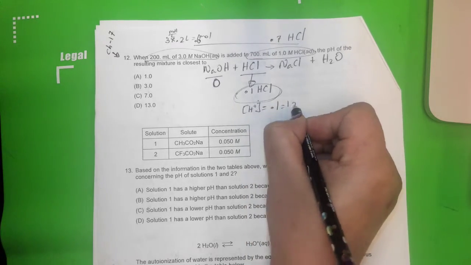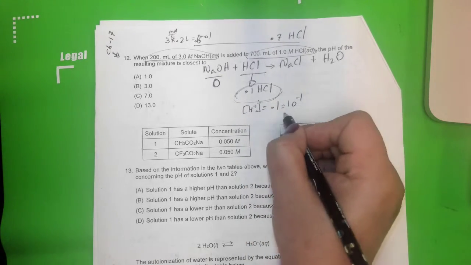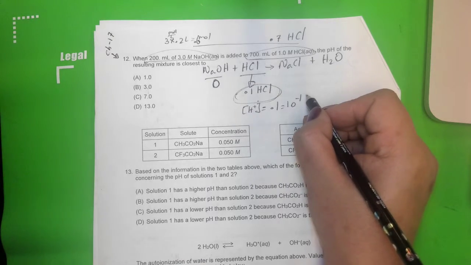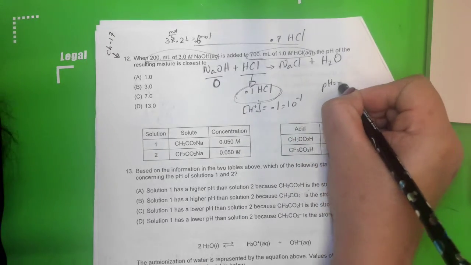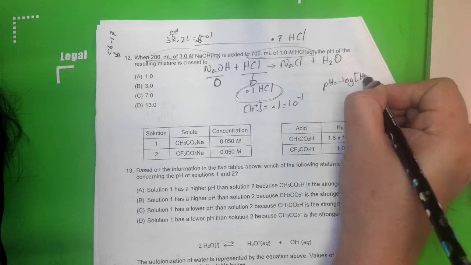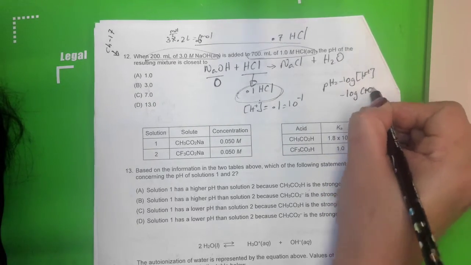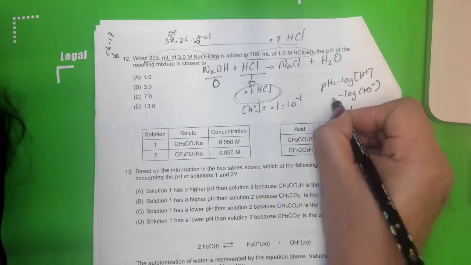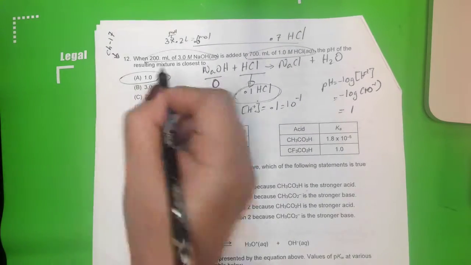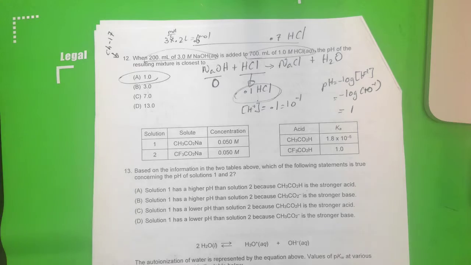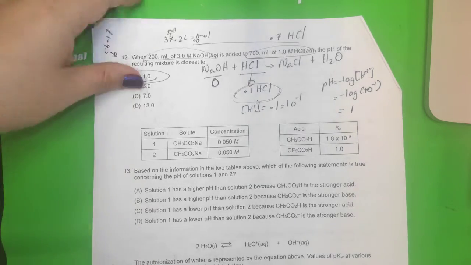Okay, 0.1 is the same thing as 10 to the negative 1. pH is equal to negative log of H plus, negative log of 10 to the negative 1 is 1. Okay, so that's what it's going to be. That's 12 is A.